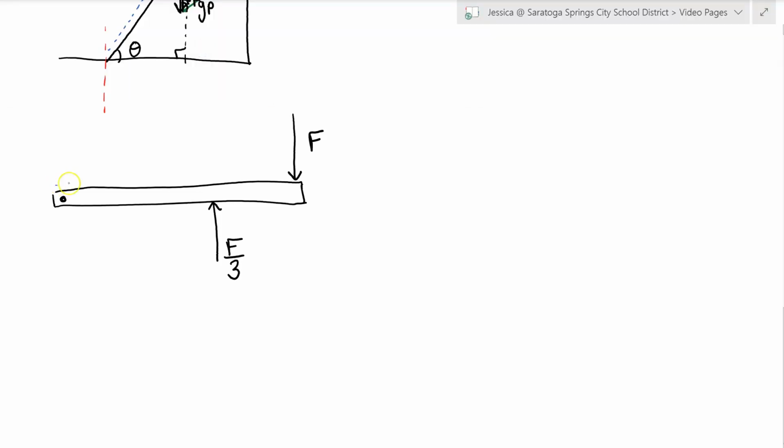Let's say that this whole length is a distance r, and this F down here is at, well, it looks about like 2/3 r. So if I wanted to find what's considered the net torque, which I can also write as the sum of all the torques, I would need to add together the torque from F and the torque from F over 3.